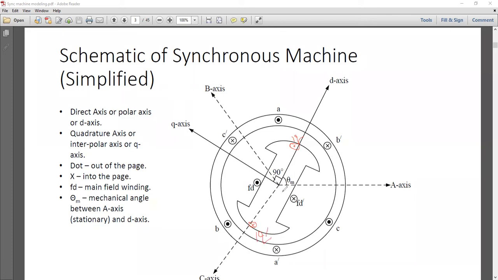So this is one set of coil in the d-axis, and this is one set of damper coil. It's a set of coil, but it is a damper coil. So this will be your 1.1. Understood?